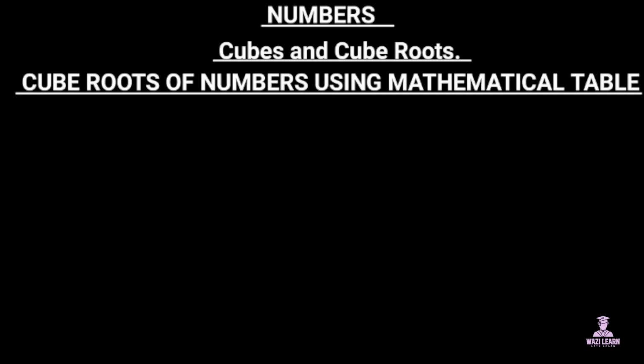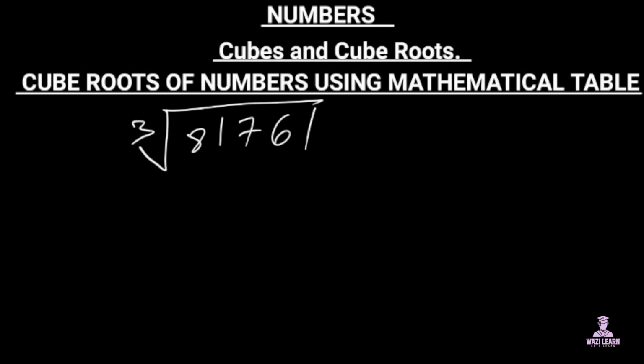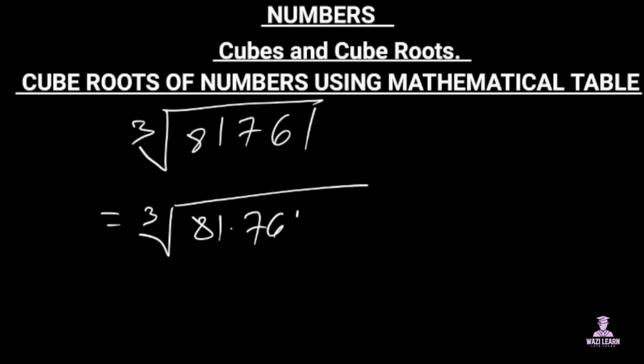Let us look at another example which is not quite direct. Let's say you have: find the cube root of 81,761. So you write it in standard form where n is 3. So it will be find the cube root of 81.761 times 10 raised to 3.